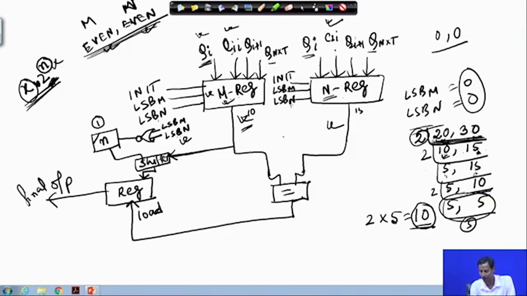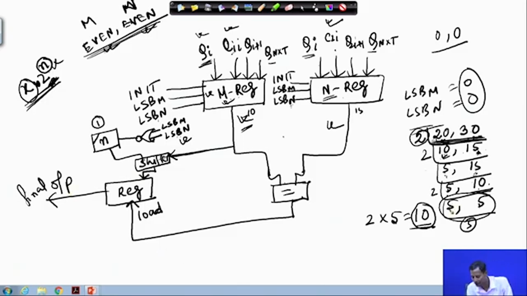Okay. Then in the next cycle, this is even, this is odd. Whenever this is even, it will be divided by 2 and the other will remain the same, so this will be 5. Again, as this is not even, this will not happen, and 5 and 10 are not the same, so this will not happen.